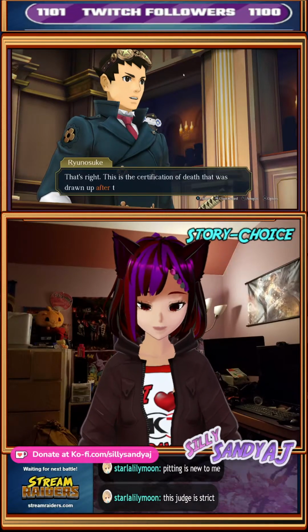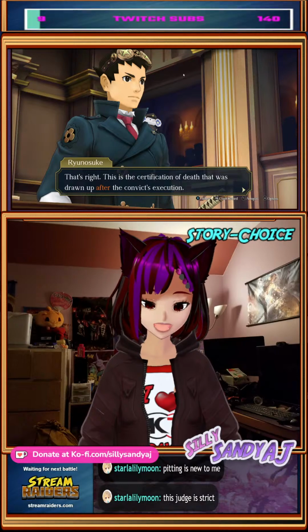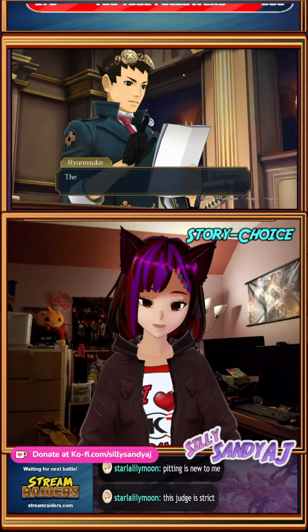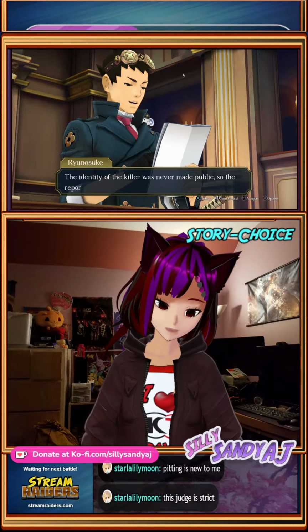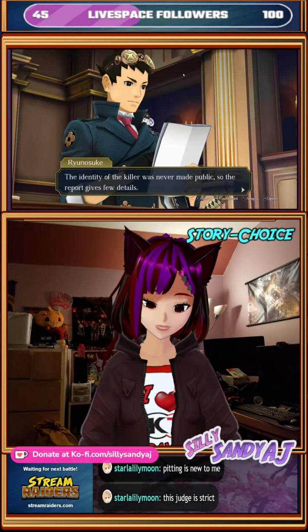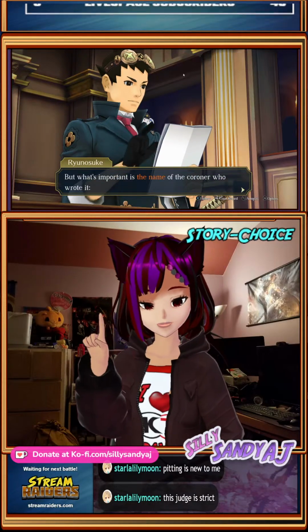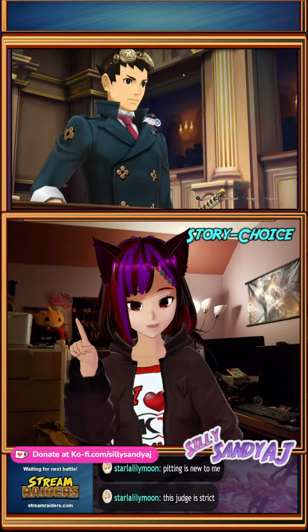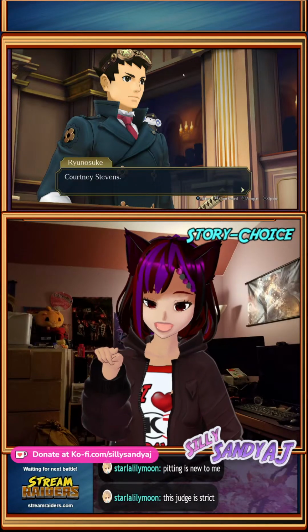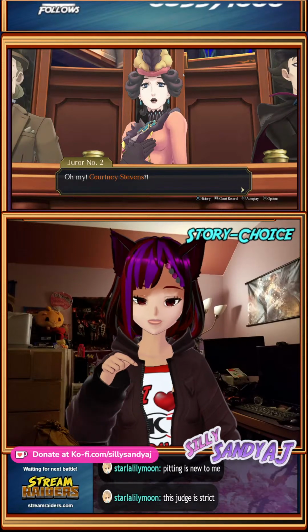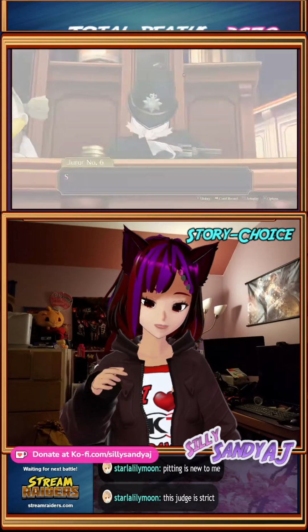This is the certification of death that was drawn up after the convict's execution. The identity of the killer was never made public, so the report gives few details. But what's important is the name of the coroner who wrote it. Courtney Stevens. Oh my! Courtney Stevens?